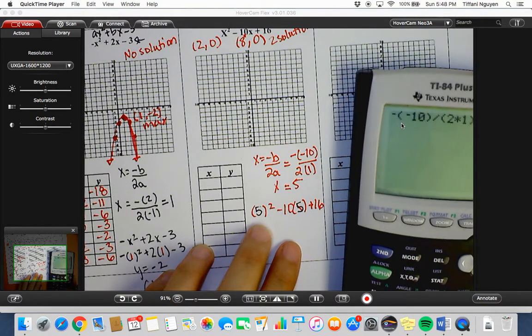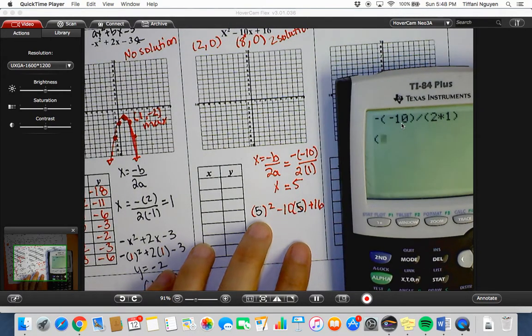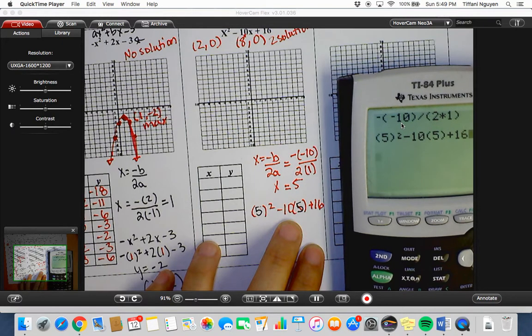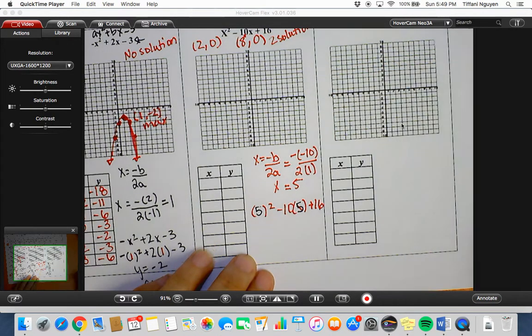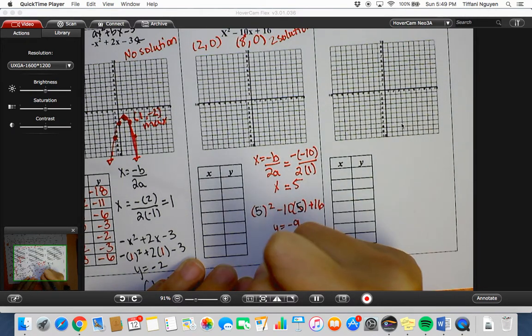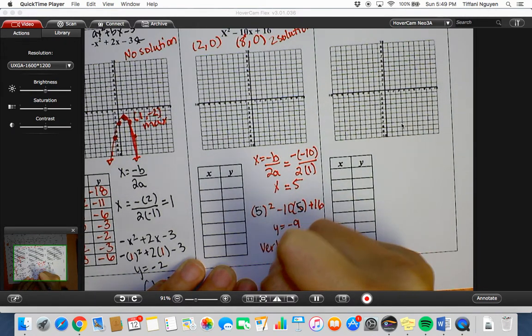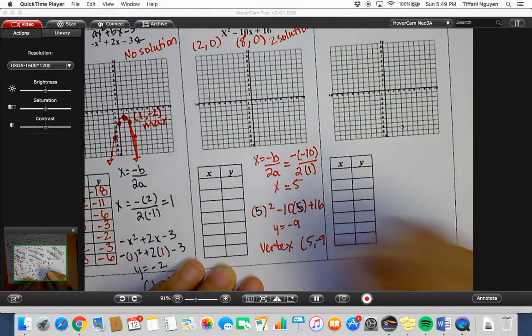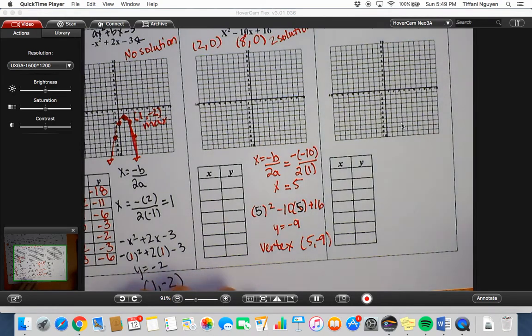Plug it in your calculator. Parentheses 5 squared minus 10 parentheses 5 plus 16, I get negative 9. So my y value equals negative 9. My vertex is 5, negative 9. I have about 3 minutes left, so let's go ahead and finish this.